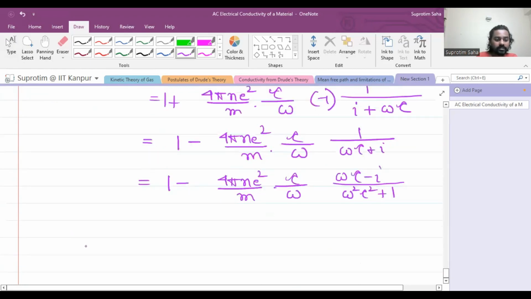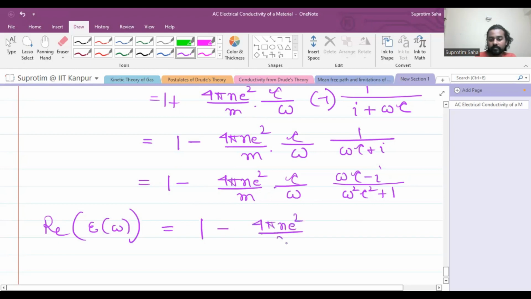So the real part of epsilon of omega is 1 minus 4 pi n e squared over m times tau over omega times omega tau over (omega squared tau squared plus 1).